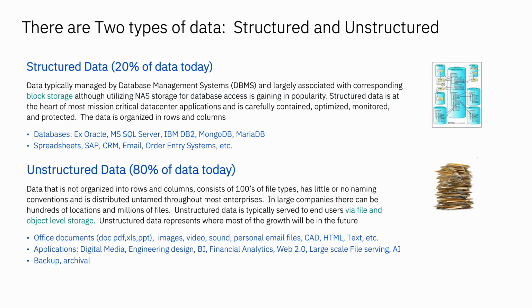Unstructured data, which is about 80% of the data that's out there today, is all of different sizes. So this is the data that you get from word processing documents, images, video, sounds, things like voicemails, or videos. There are many examples. Unstructured data is most of the data on planet Earth today. It's also the one that's growing the fastest. It's also the one that's the most difficult to deal with.